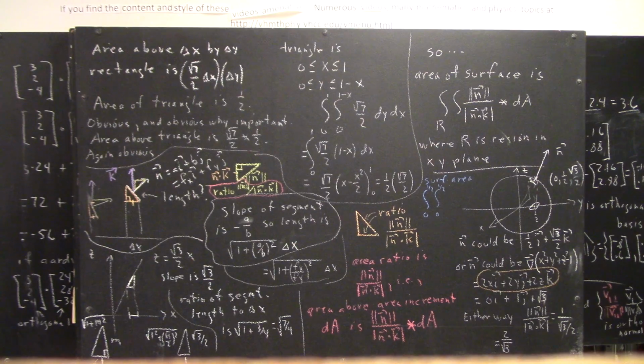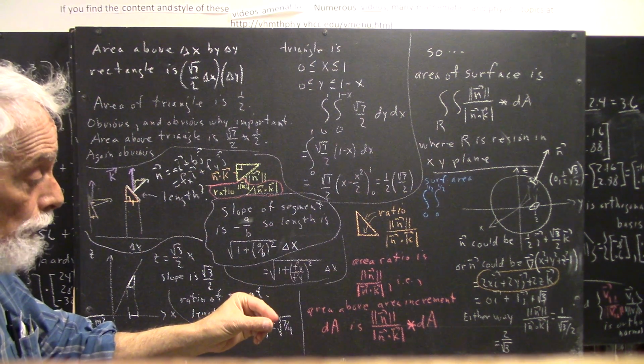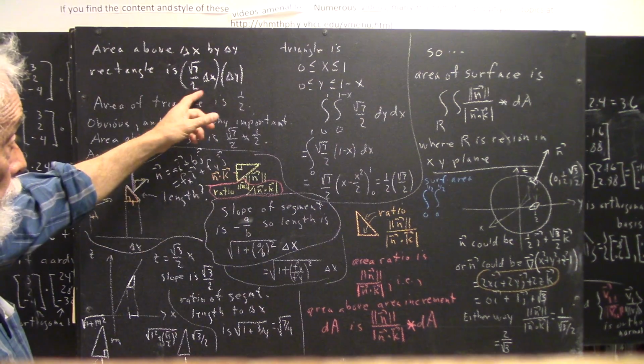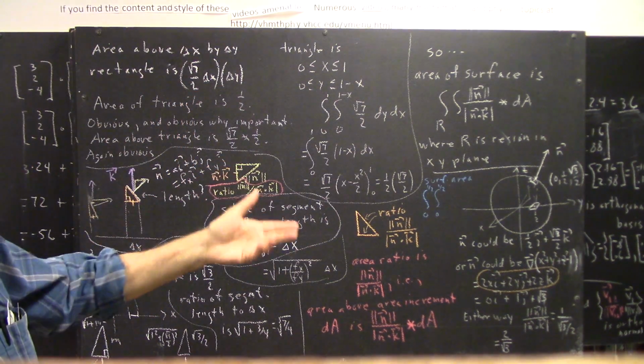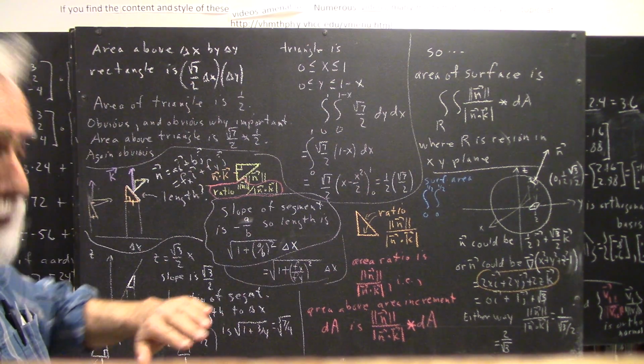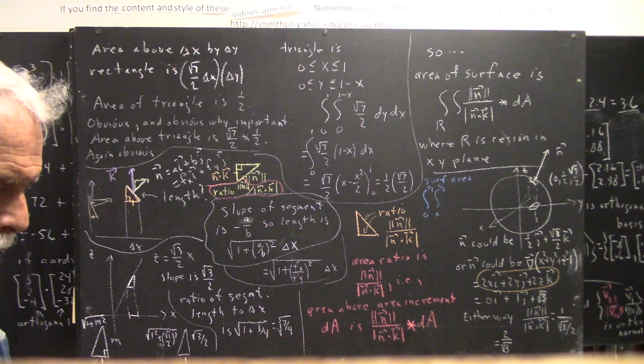Now that applies to any small region of the plane, any delta x by delta y region. Since the whole surface is a plane, this actually applies to the entire surface.